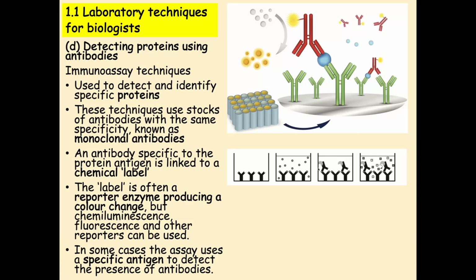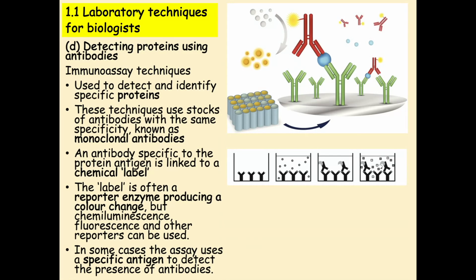An antibody specific to the protein antigen is then linked to something called a chemical label. This is a chemical label up here in this diagram. The label is often a reporter enzyme, an enzyme which will produce a color change within the sample. The reason it produces a color change is so that it can indicate to the people carrying out these assays which ones have a positive result, which ones have the protein of interest.